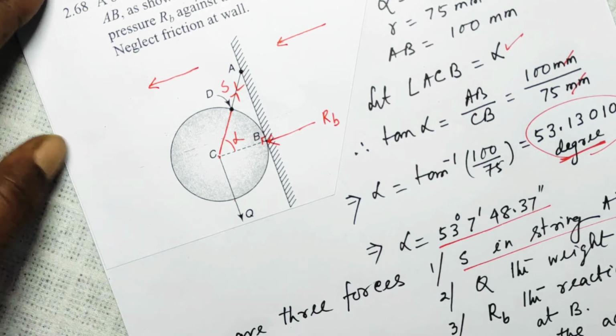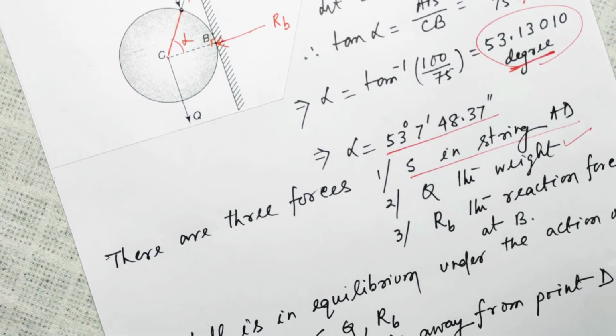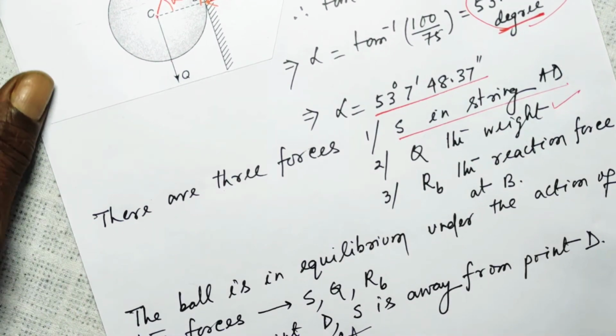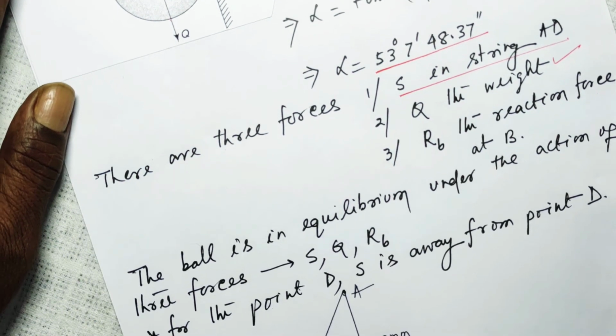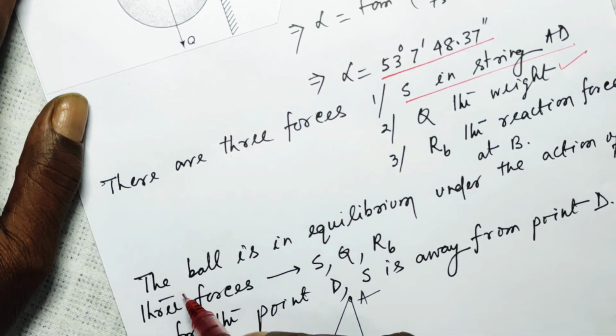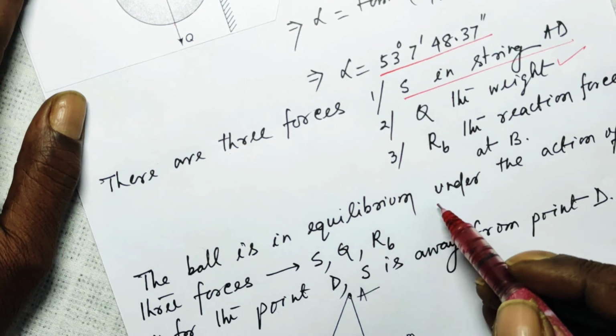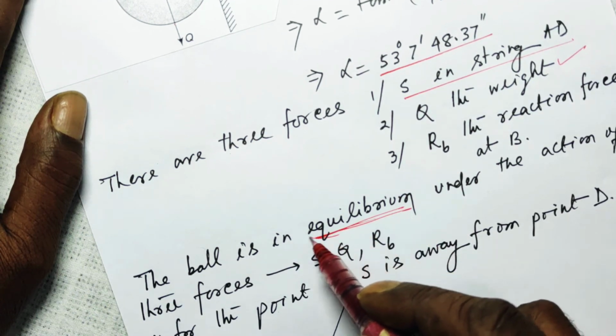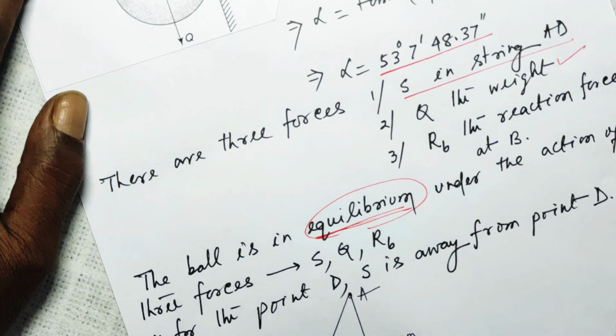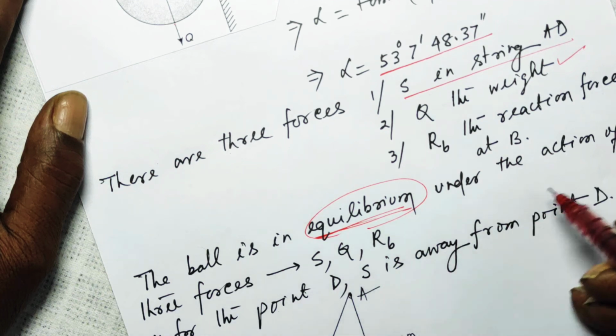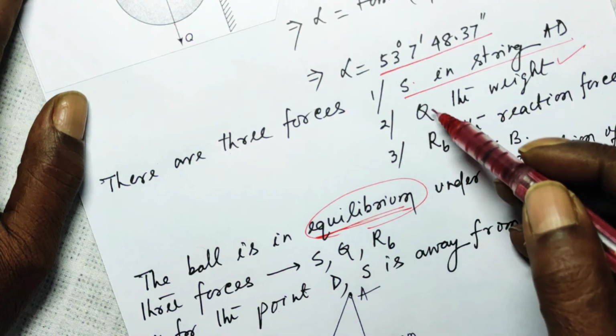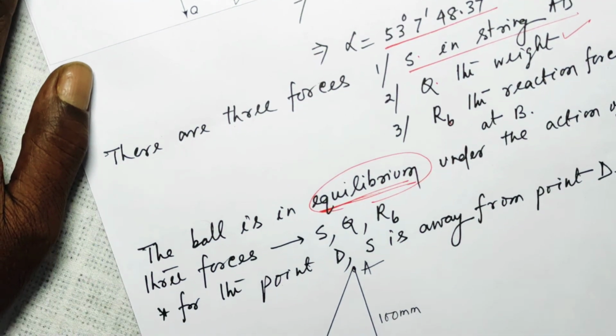That is the basic principle of vector analysis. Now, there are three forces, S, Q and RB. Now, the ball is in equilibrium. Equilibrium means it remains as it is under the action of the forces S, Q and RB.